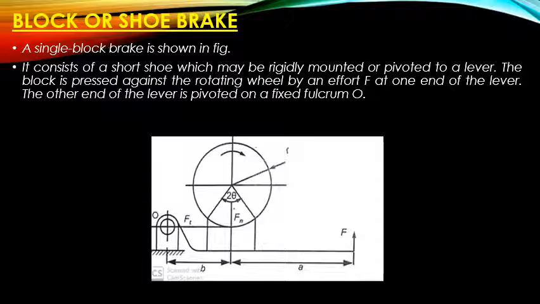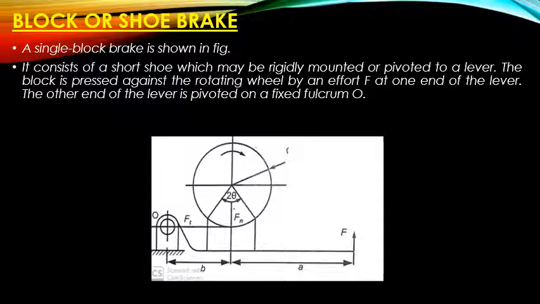The distances on the lever, that is small a and small b, can be seen from the figure. From the center till the end of the lever it is denoted by a, whereas from the center till the fulcrum point O it is denoted by small b.